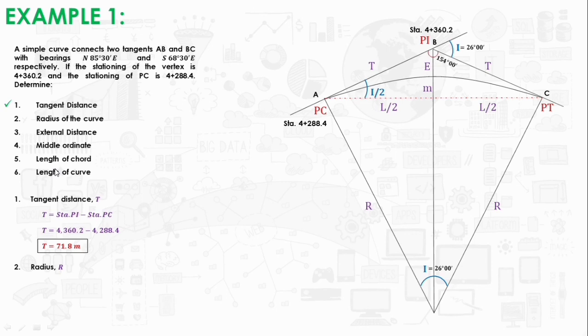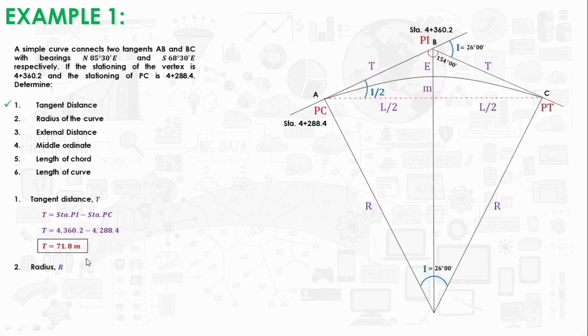So, paano natin makukuha yung radius given si tangent T and given yung central angle? If this is 26 degrees, ibig sabihin yung angle dito is 13 degrees kasi half lang siya ng central angle. So, we can use what trigonometric function? We can use the tangent function, which is opposite divided by the adjacent, since ang opposite side, which is t, is already known.